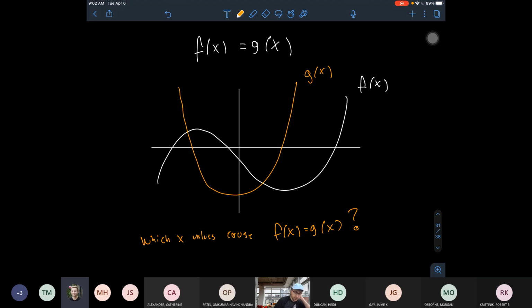If I have the graph of two functions here, when are their equations equal to one another?